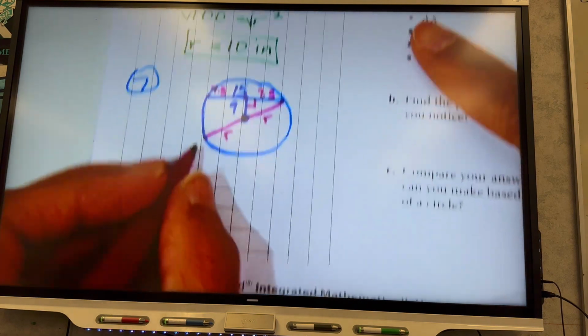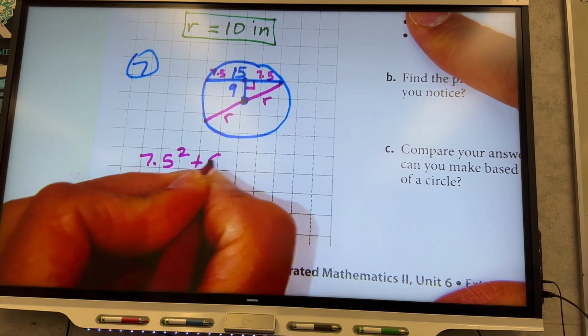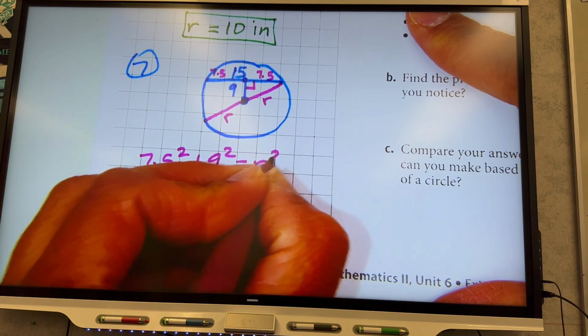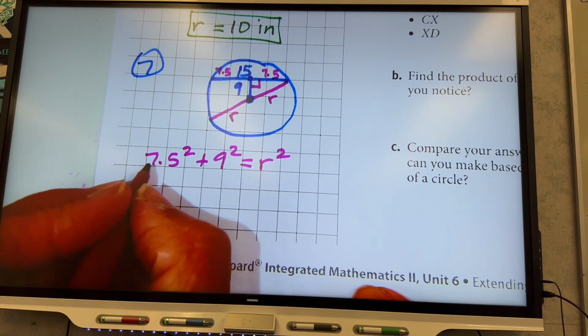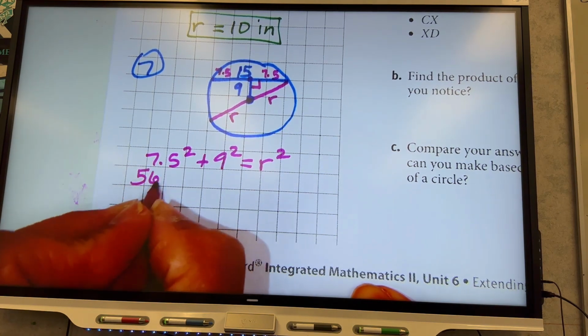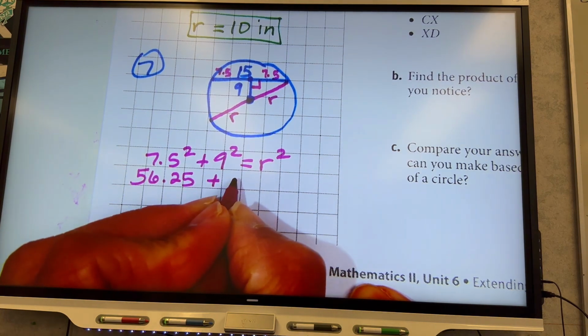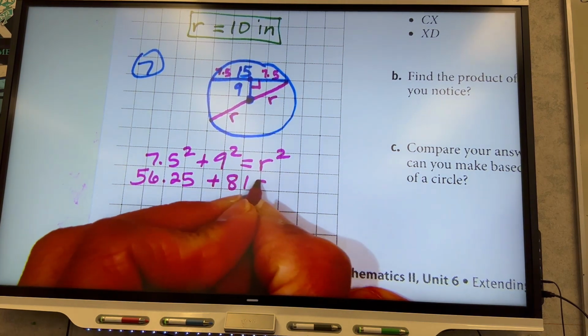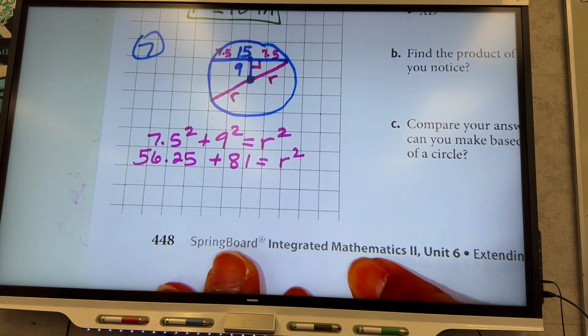So what theorem are we using? Pythagorean theorem. How would I set it up? You got it. And then we just have to do the math. So 7.5 squared, I'll give it to you, because my calculator's way over there, is 56.25. What's 9 squared? 81. And then what do we have to do with these numbers? Add them.